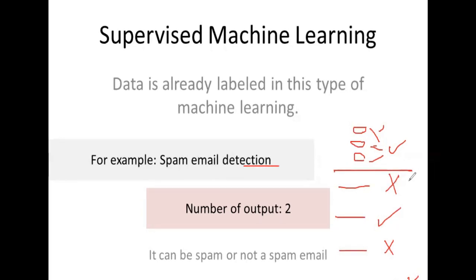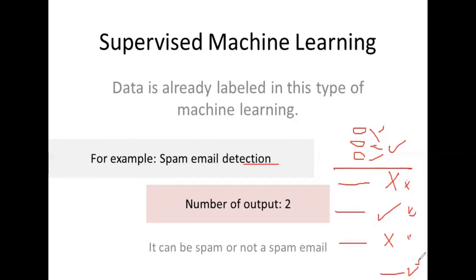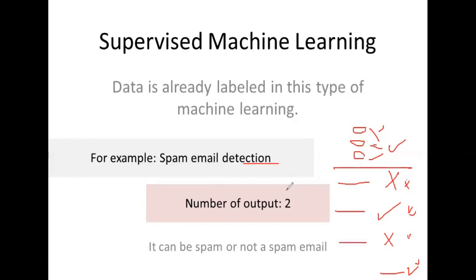Now, what are the labels in this case? Labels are these crosses and ticks: it is not spam, it is spam, it is not spam, it is spam. These are the labels that I am providing, that my model will predict. My model will predict one of these labels for any incoming email.